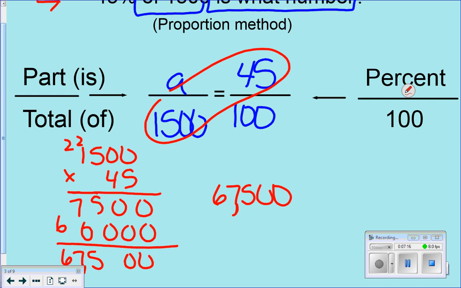Sorry, there we go. Did you guys get that? I'm just cross product, I'm just multiplying first. And now I got to divide by 100. Which I divide by 100, I know it's going to be 675. So what is 45% of 1500? 675. That's my answer then. Okay? Then I'm done.